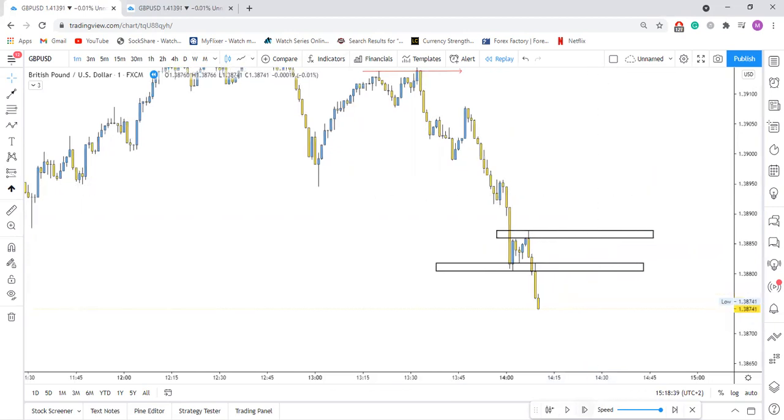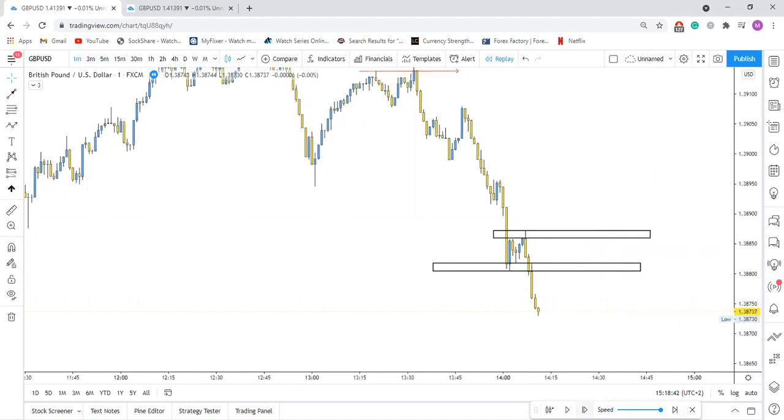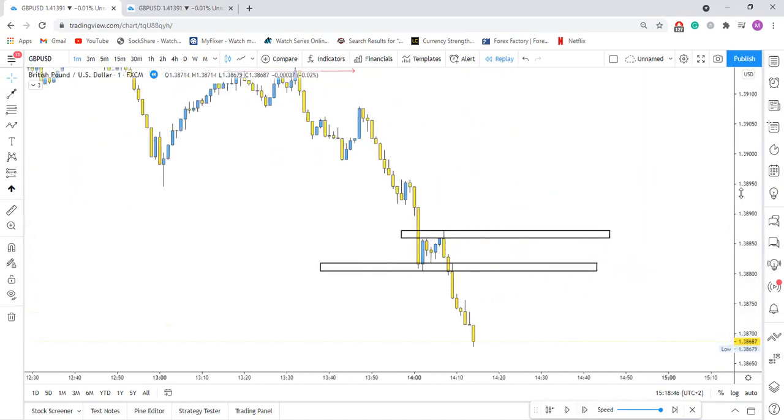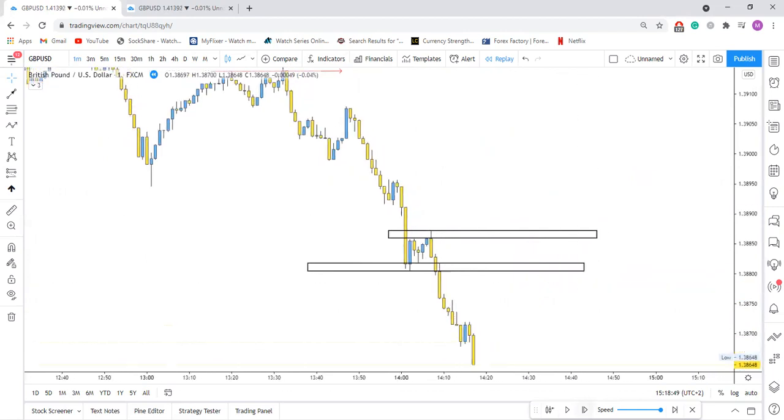I literally took 1 trade on this backtesting session so far. Let's see if I can get another 3 or something. I need at least 2, 3.